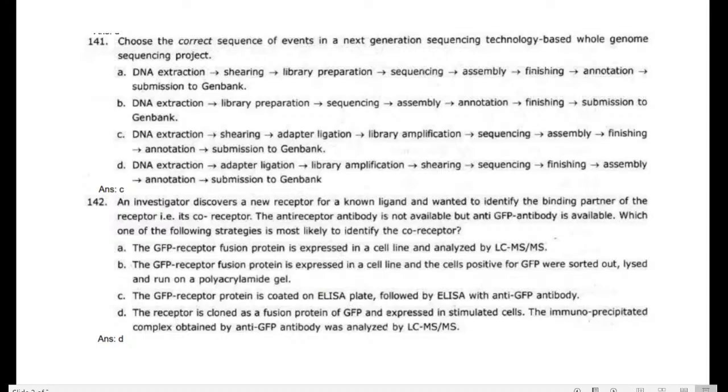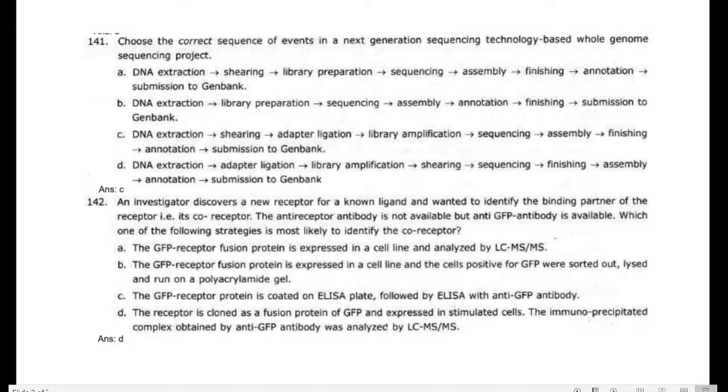Then library amplification. Library amplification means that if a small quantity of DNA cannot be recognized by the probe molecule, we want to amplify it, which means increasing the count of the particular DNA. Then the sequencing machines help to find out the proper sequence, not annotations.